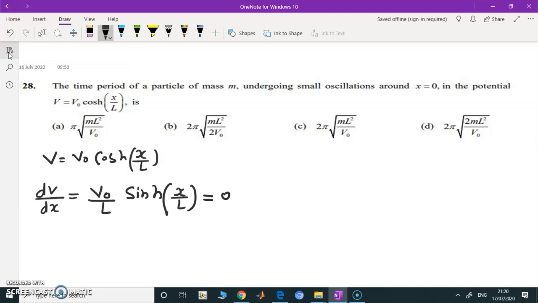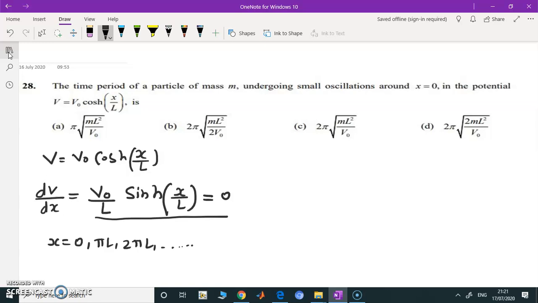So for what value of x will this equation be equal to 0? If I put x equal to 0, πL, 2πL, and so on, at these points dV/dx will be 0.